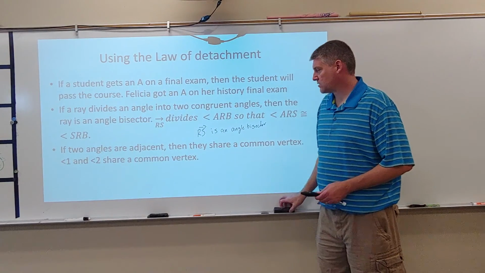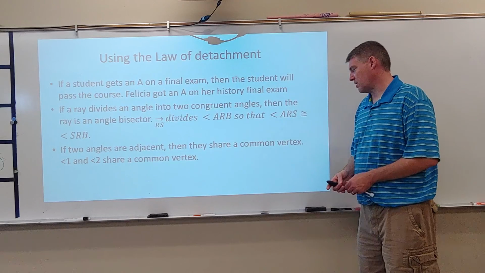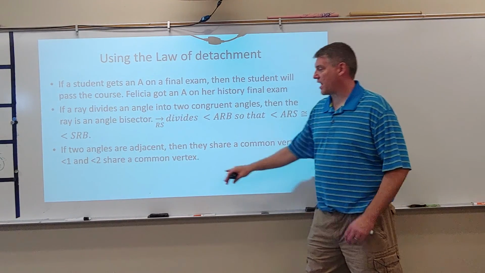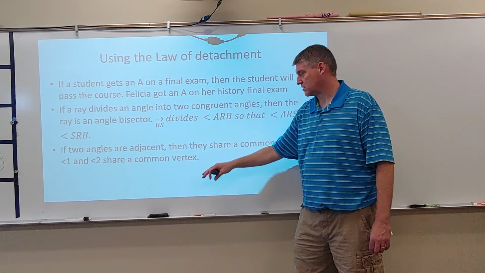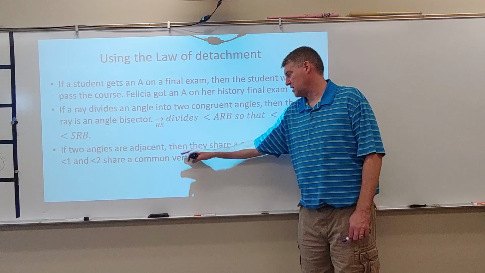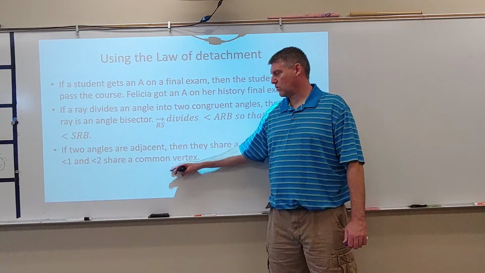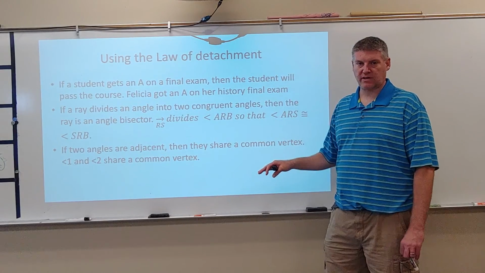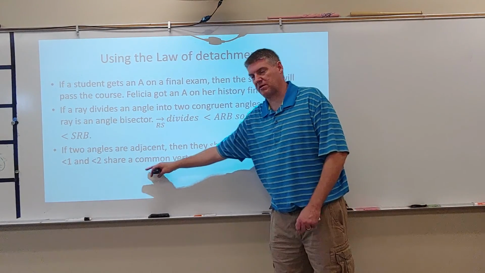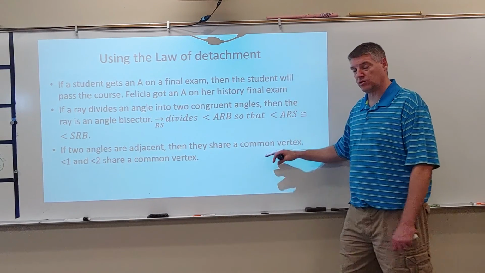Okay? Our next one says if two angles are adjacent, then they share a common vertex. Remember here that if two angles are adjacent, this part has to be true. Angle 1 and 2 share a common vertex. That's nice, but what is common vertex in our if-then statement? It's our conclusion.